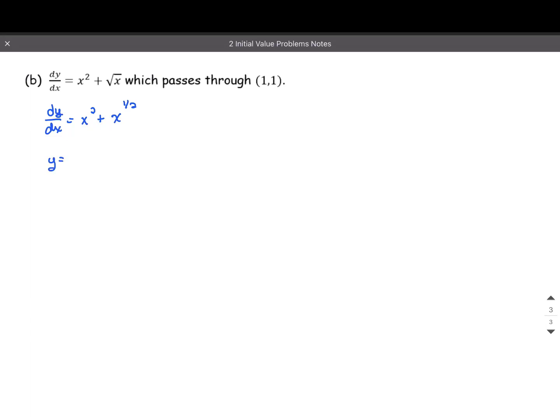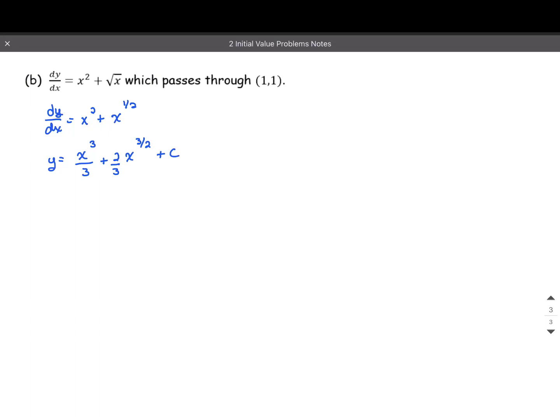What has a derivative of x squared? We add 1 to the exponent, divide by the new exponent, giving x cubed over 3. Now this 1/2, we have to add 1, so 1 plus 2 is 3 over the denominator 2. We need to divide by that exponent 3/2, but that's the same as multiplying by the reciprocal 2/3. Don't forget the plus c at the end.